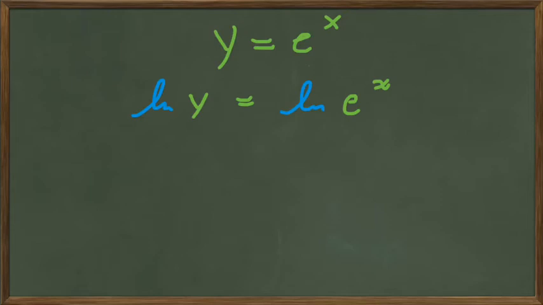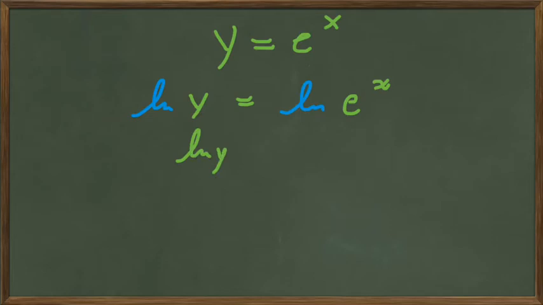So we're going to use what we have learned so far to find the derivative of e to the x. And so let's start by taking the logarithm of both sides of this. And our left side is just ln y.